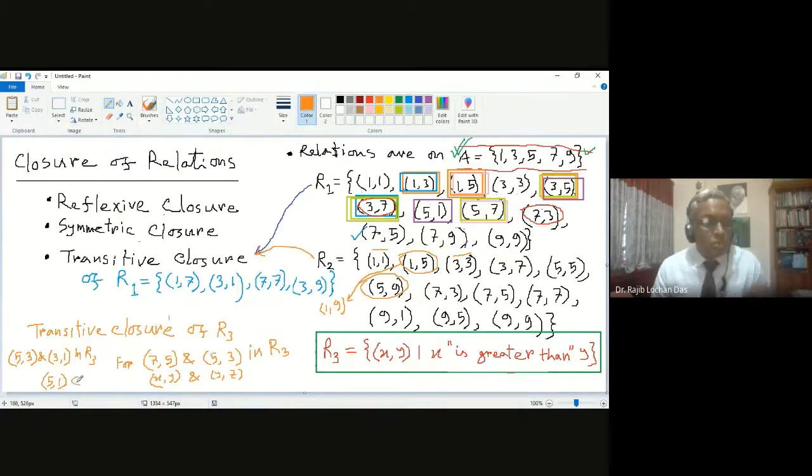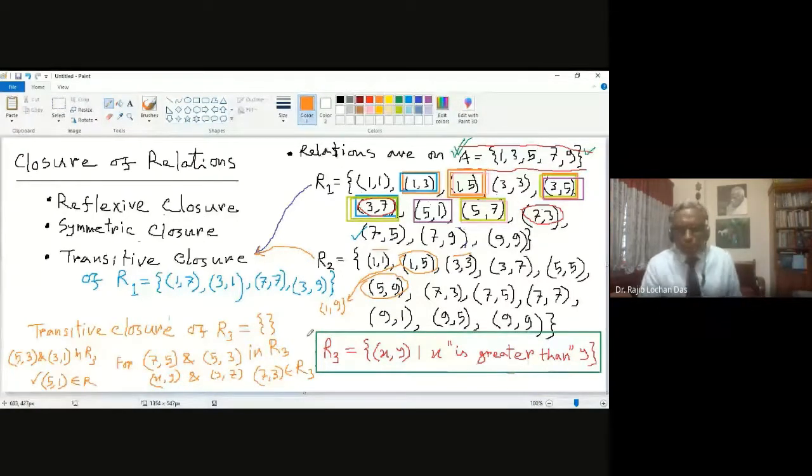This is also in the relation R. So there is no missing. Every time it will be correct, and this is a transitive relation. So in the closure you have nothing needed. This is the null set. So that's it.